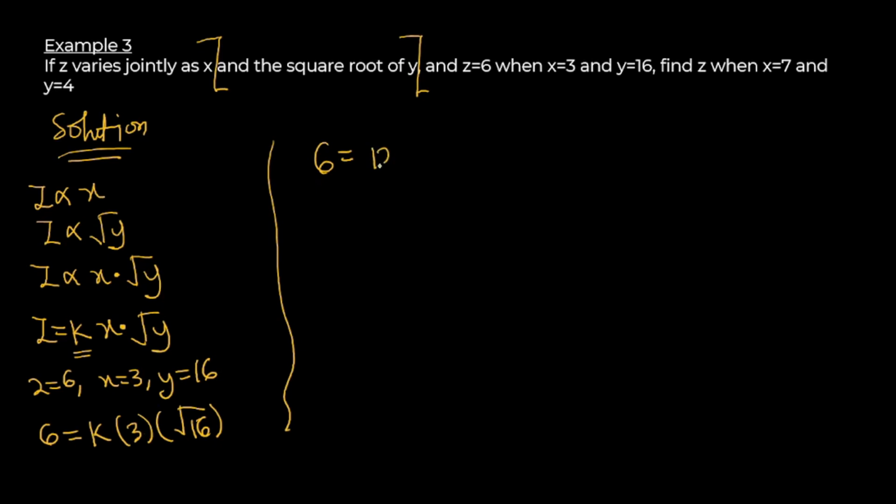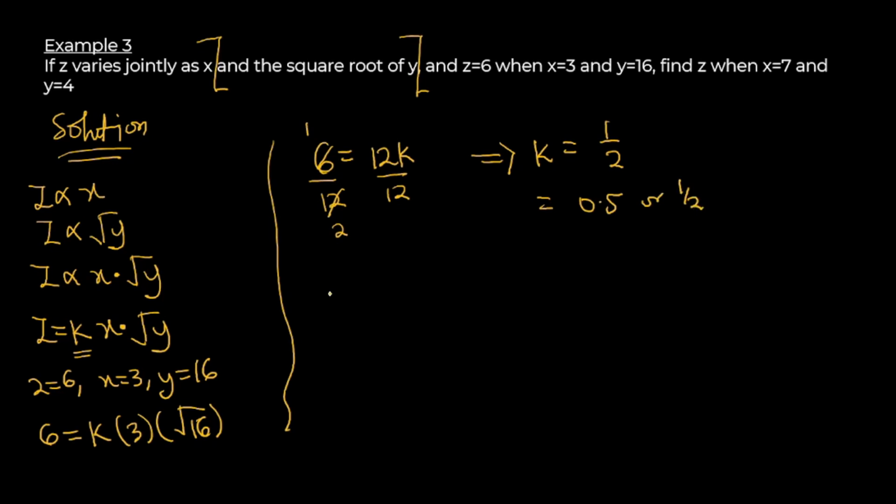So I have 12k. So I divide both sides by 12 to have my value of the constant. So my k is now equal to 1 over 2, because 6 goes into itself 1, and goes into 12 2 times. So my variation constant, or my proportionality constant, in this example is 0.5 or half.